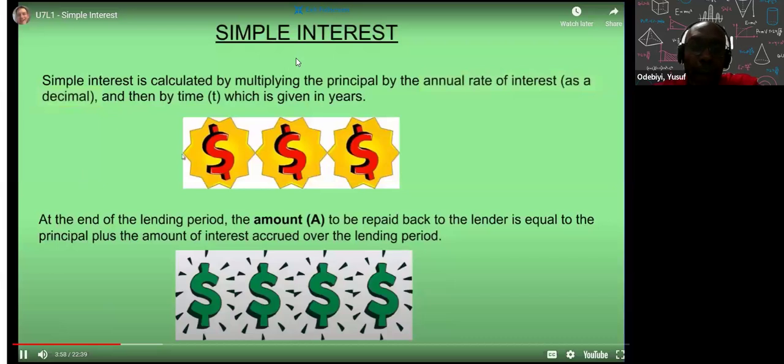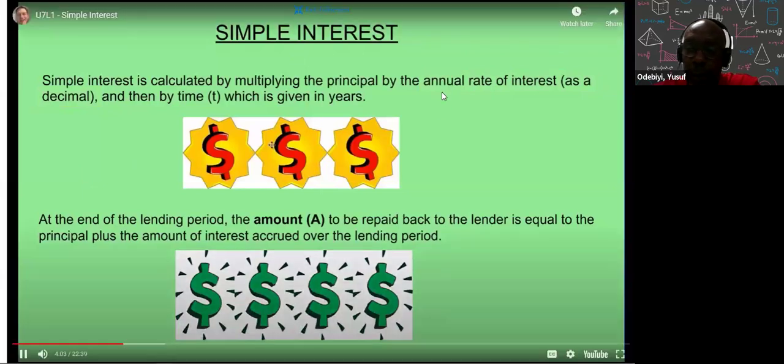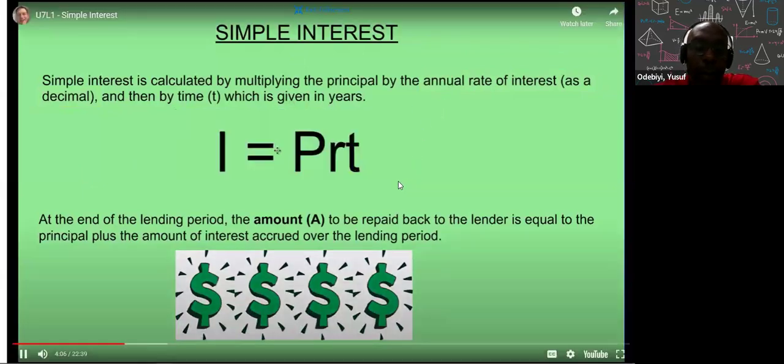So simple interest is calculated by multiplying the principal by the annual rate of interest as a decimal and then by time, giving us this formula. Okay, so there's your formula right there, right? I is equal to P times R times T. Remember, I is interest, the interest in dollars.